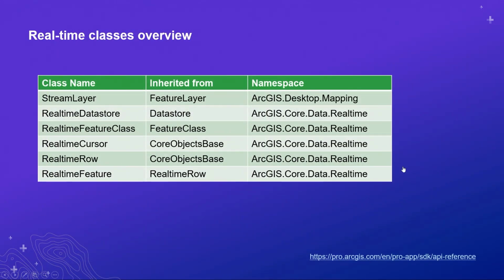The real-time API does not have too many classes, but most of them are shown in this table. As you see, those classes inherit from existing classes that you are already familiar with, such as FeatureLayer and data store, right? StreamLayer inherits from FeatureLayer, and real-time data store inherits from data store.